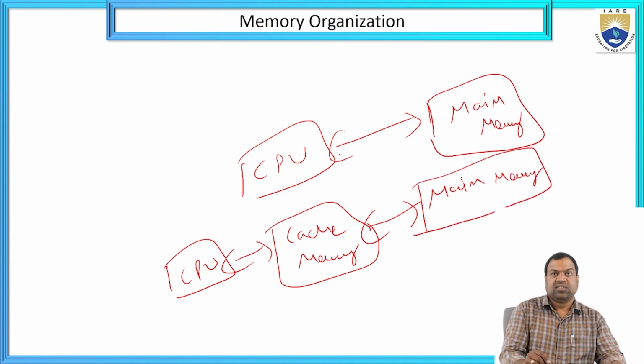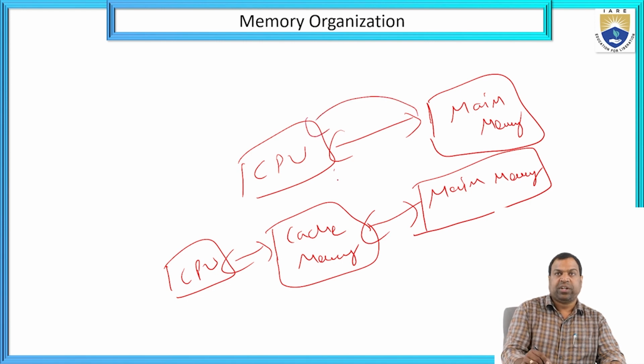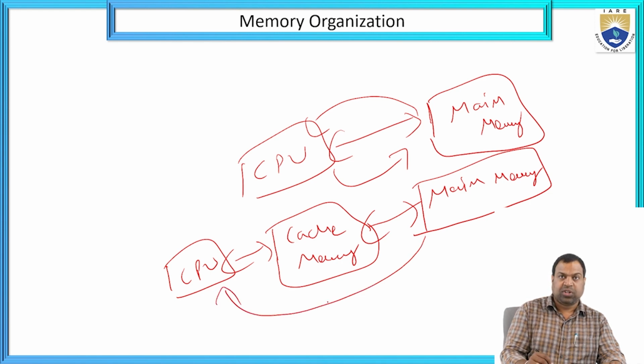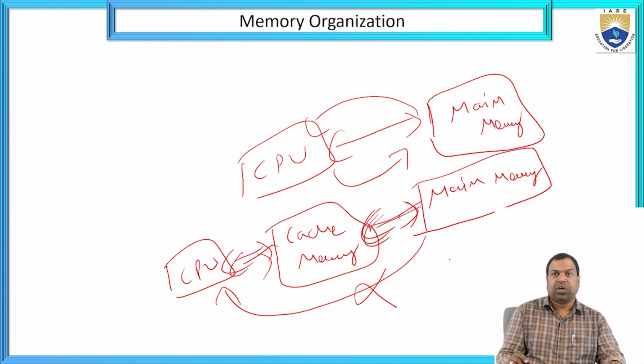Yes, there is. Here main memory does not directly transfer the data to the CPU. It goes main memory to cache memory to CPU. Why? Because compared to main memory, cache memory's data transfer rate is high, and time will be reduced when we are transferring the data to the CPU. So that is the reason we put the cache memory between the main memory and CPU.